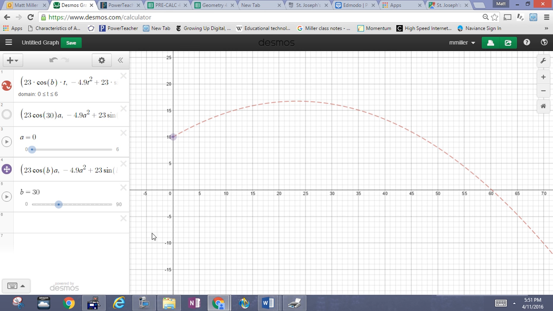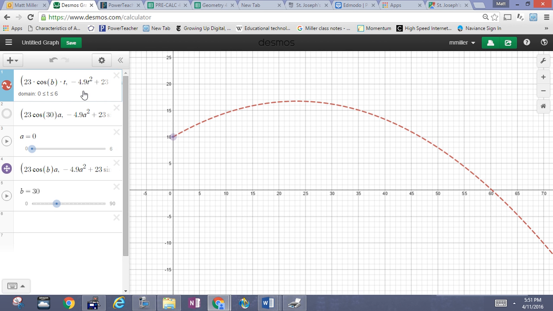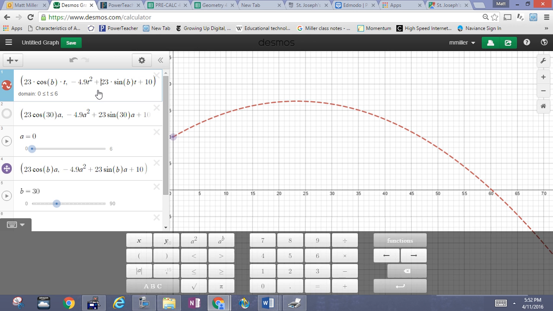So here I've drawn it up for you. Here's my starting parametric equations. Now I put another parameter in here for the angle just to show you some variations.